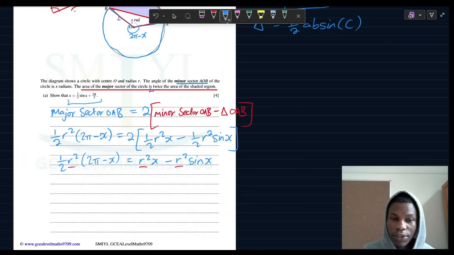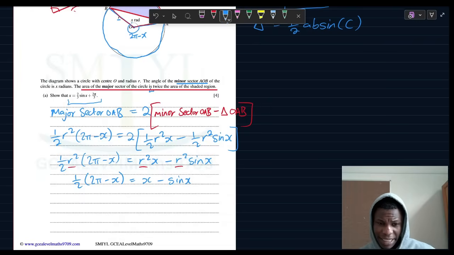So if you divide through by r squared, you're going to get half times 2 pi minus x is equal to, now the r squared is gone, so x minus sine x.